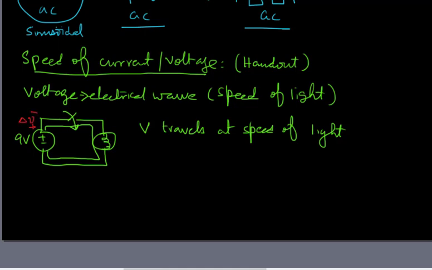Let's call them delta V. So delta V here, another delta V here, another delta V here, another delta V over here, and another delta V over here. These are very small voltages, let's say 0.1 volt or 0.01 volt, and they are spread all across the conductor and all across the circuit as soon as you switch the circuit on.